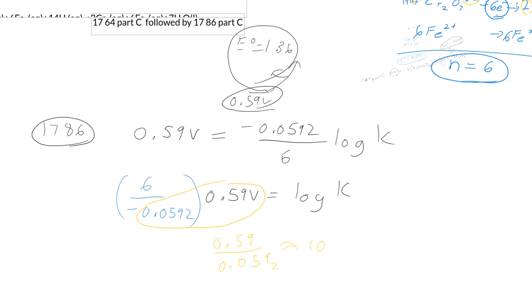Which would leave you a negative 6 times 10, or a negative 60. So they're saying negative 60 equals the log of K. They are going old school. This is the sort of stuff that we did routinely back when I was in college, before people really began using calculators all the time.